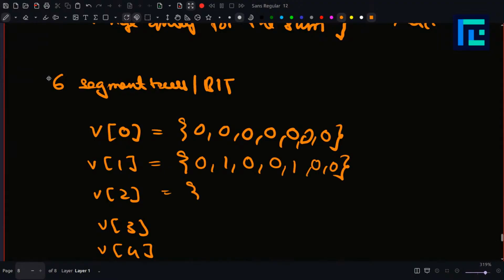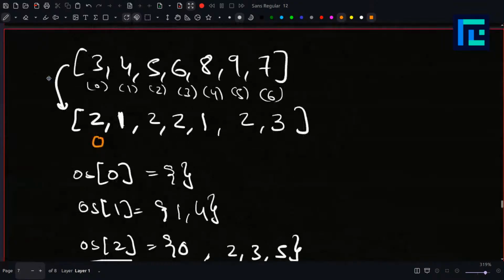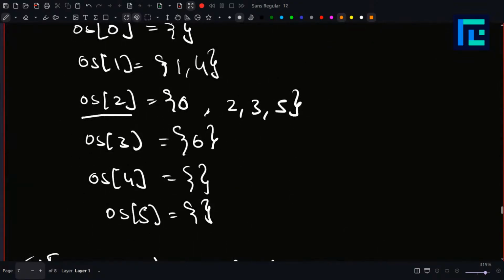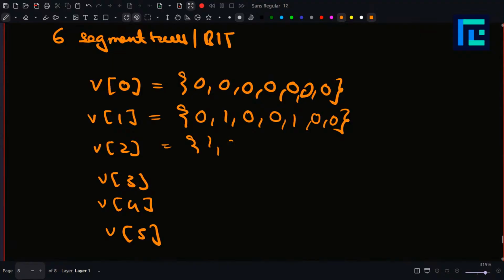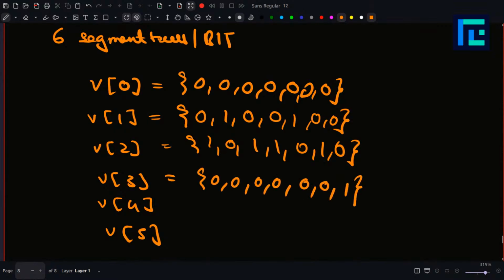And then the third segment tree will be on wherever the popcount depth is 2. So popcount depth is 2 at positions 0, 2, 3, 5. So it will be 1 at 0, 2, 3, 5, right? And the remaining segment trees are all zeros because nothing has popcount depth of 4 or 5. Fine. So this will have 6 different segment trees.